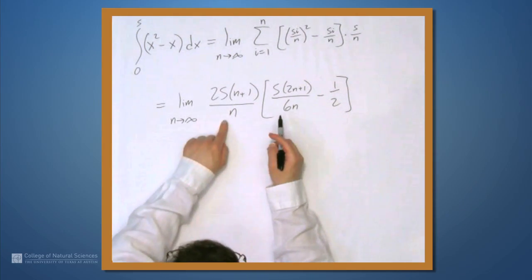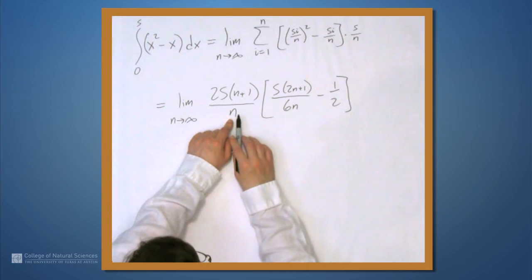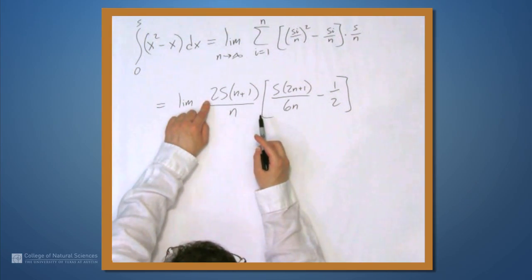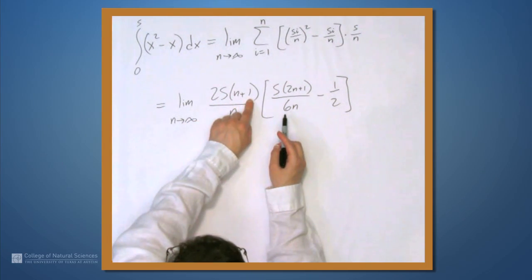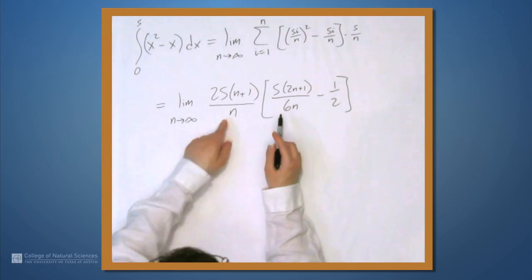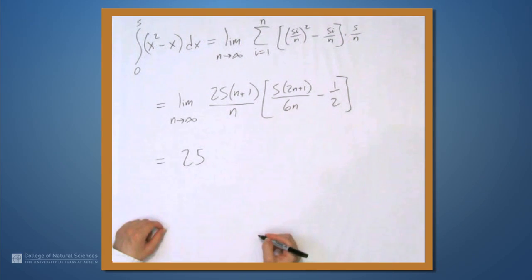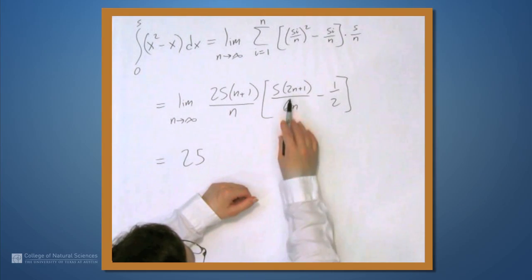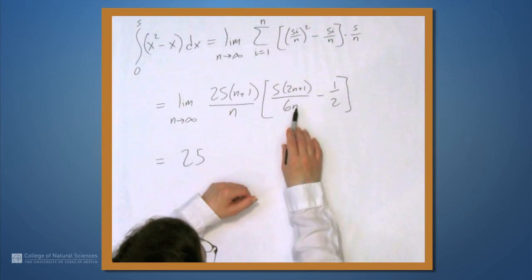Now we can look at what happens to each piece of this. As n goes to infinity, here we have n plus 1 over n. Thinking of these as polynomials, they have the same degree. So we know that the limit of this ratio is just the ratio of the leading coefficients. Well, the leading coefficient in the top is 25, because if we multiply this out, we get 25n plus 25. We have a coefficient of 1 in the denominator, so this first part goes to 25. What about this second part, the part in the brackets? We have another ratio here of polynomials, same degree, right? Degree 1, degree 1.